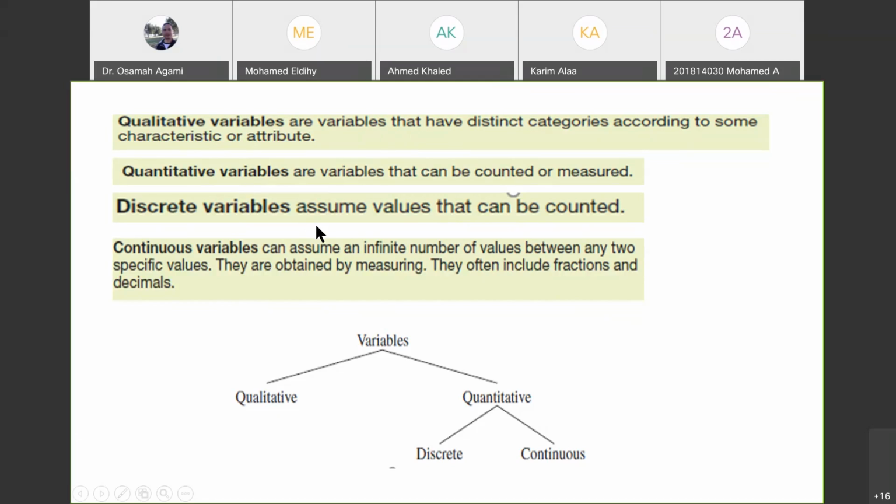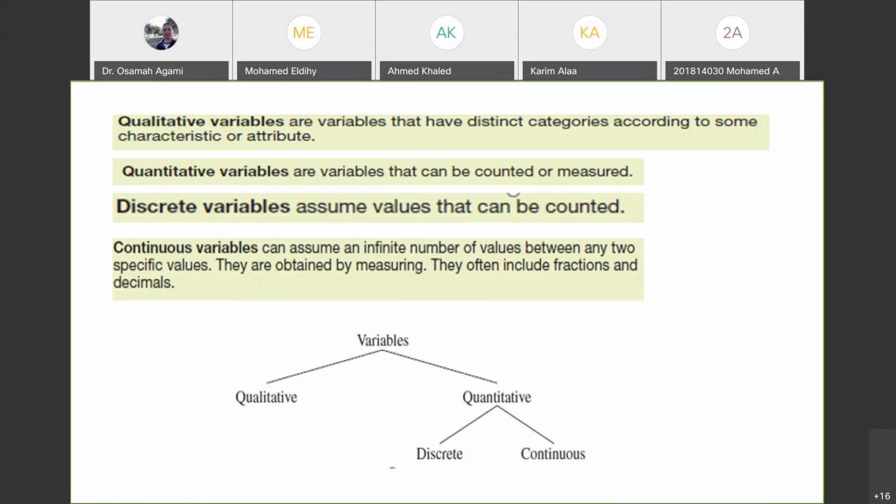There are two types of variable: discrete, which has a gap between each one, and continuous. Discrete, like the number of pages, the page number in the book. You cannot have page number 1.5 or 1.7. So it is discrete, which in Arabic they call separated. There is a gap between them, as we said yesterday.